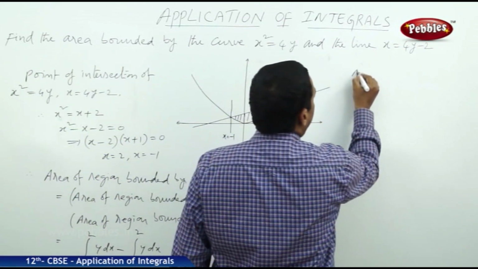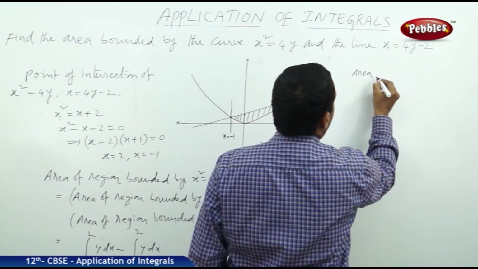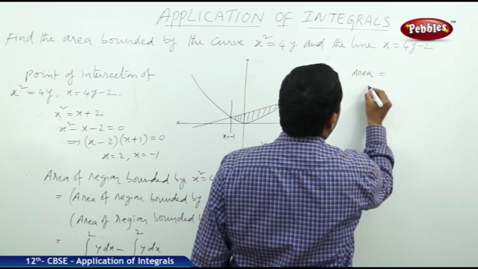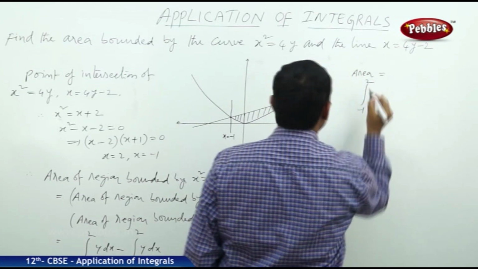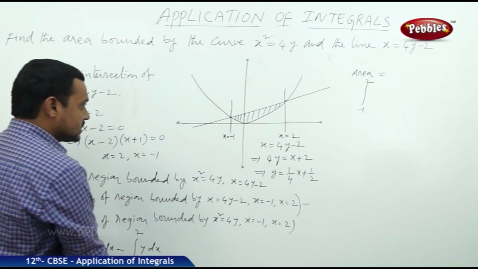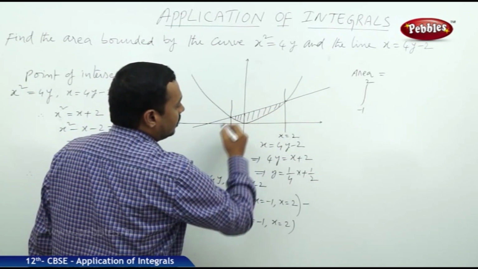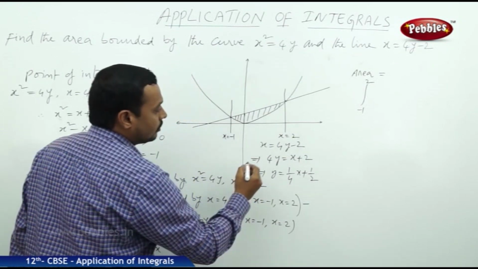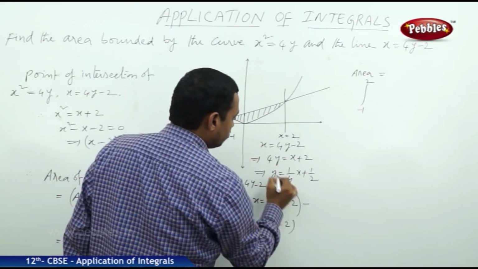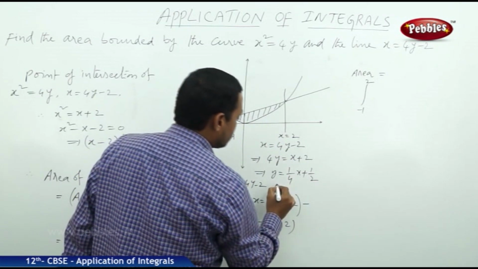Now the required area is equal to integral of minus 1 to 2 y dx, here we can derive the y value from the given straight line.